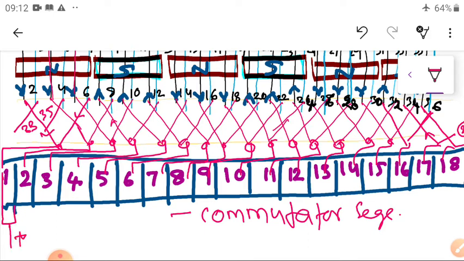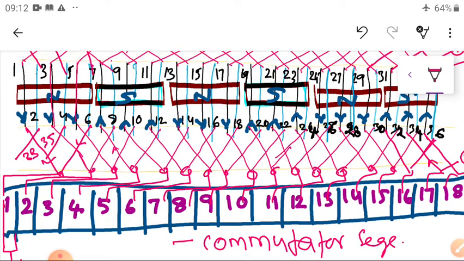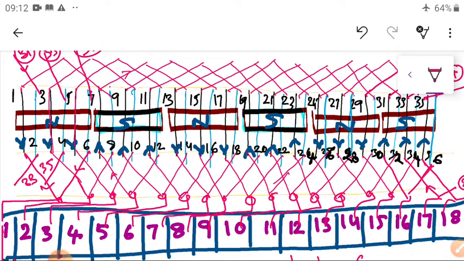At the same time, you can see the seventh conductor. Where is the seventh conductor? This one. You can see the current direction, and at the same time seventh is connected to the 12th one. So 12th also has the upward direction, and seventh has the up direction.